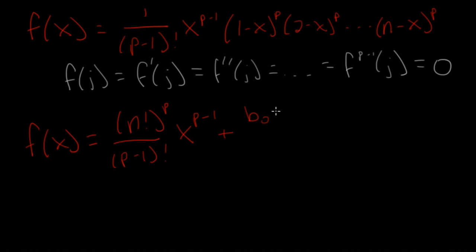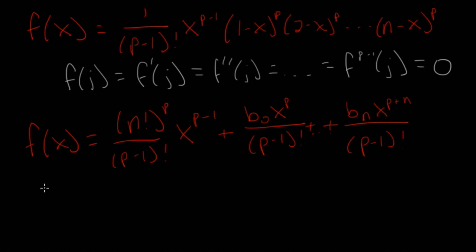This is just some integer, x to the p minus 1 over p minus 1 factorial, plus x to the p over p minus 1 factorial. And so this will be, and I'll write the generic, b to the n, x to the p plus n over p minus 1 factorial. But this is what ultimately the function will go out to.